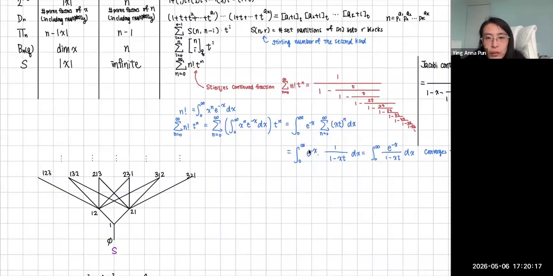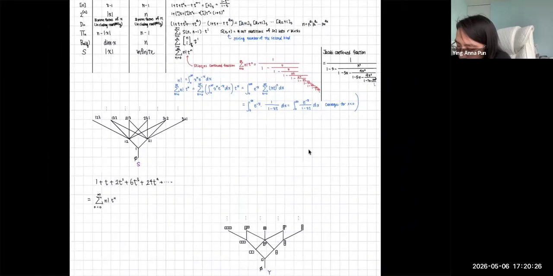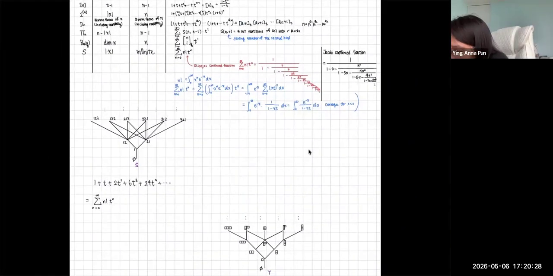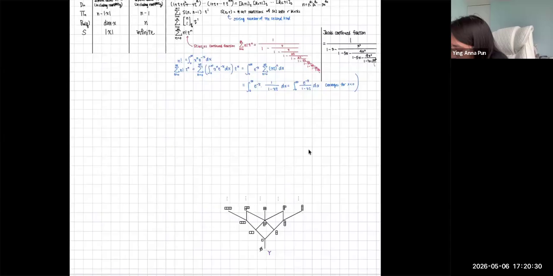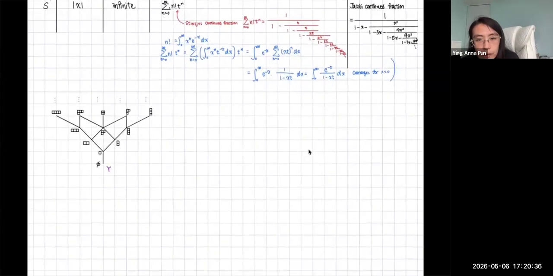All right, so now we only have one more to talk about, which is our Young lattice. Young lattice has a lot of very interesting properties, but for now we are just going to look at the rank generating function.